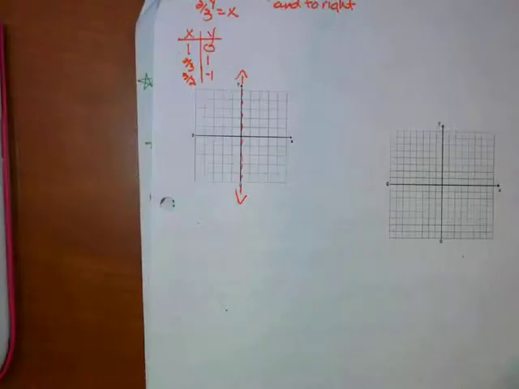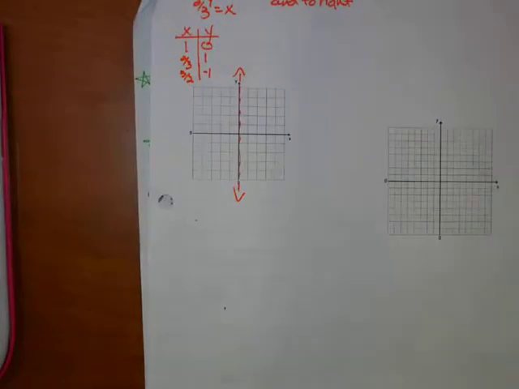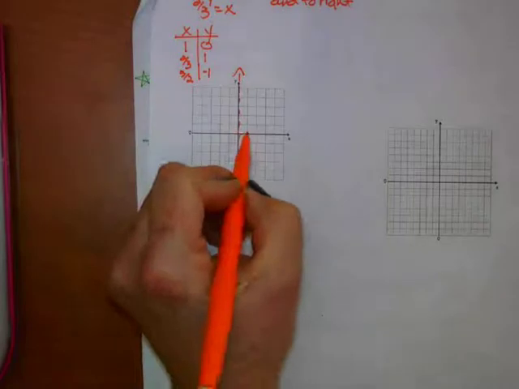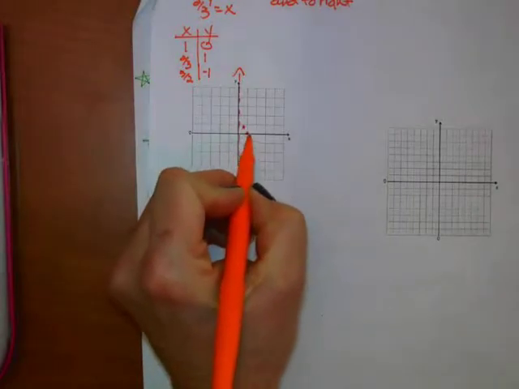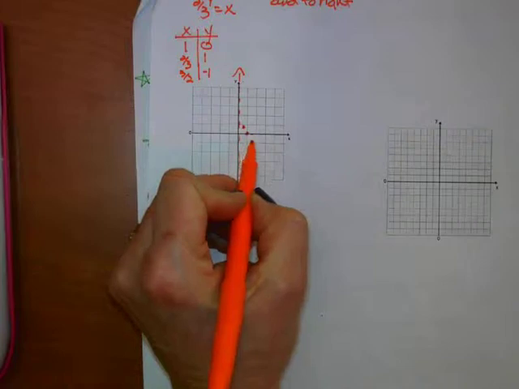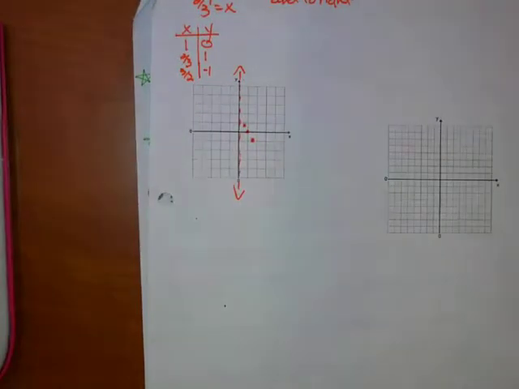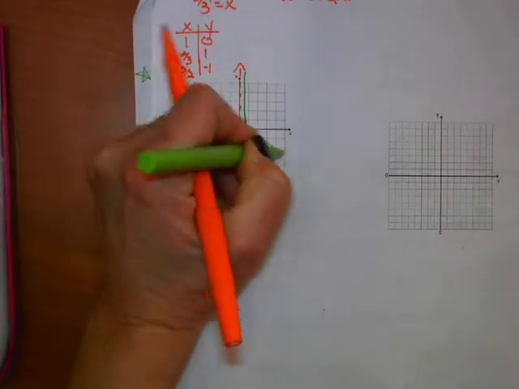So let's plot these points. Over 1 up 0. Over 2/3 up 1. Over 3/2, which is 1 1/2, down 1. And now we said our graph is going to do what? Come down and go to the right. We've already decided that, so the sketch kind of looks like this, sort of.